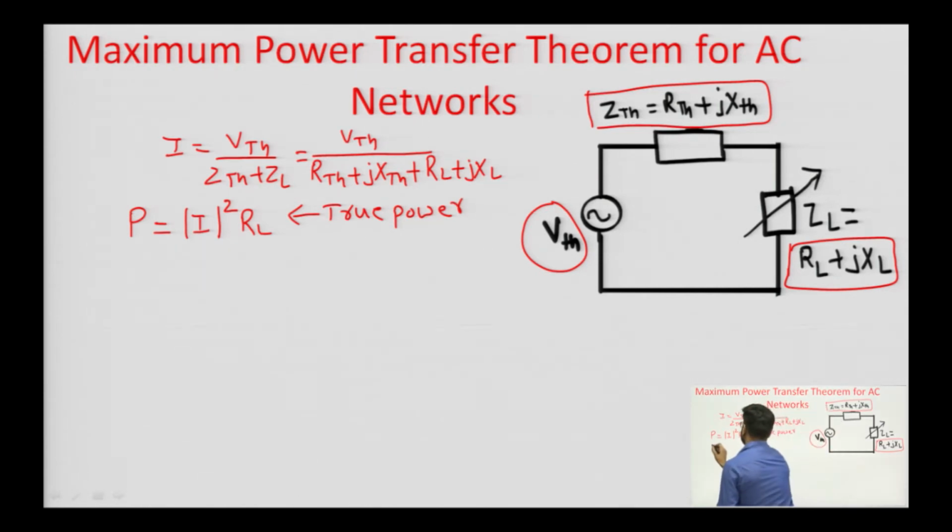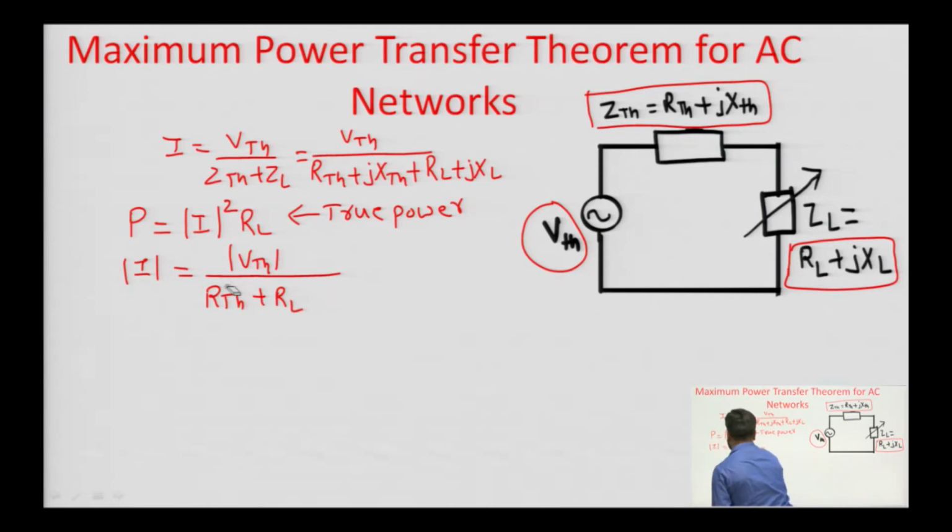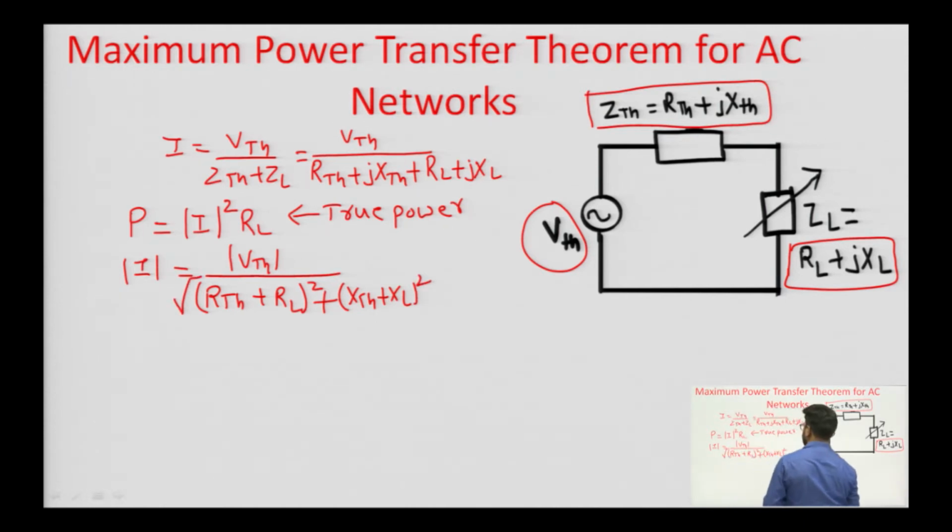The magnitude of I will be equal to VTH divided by the square root of RTH plus RL, whole square, plus XTH plus XL, whole square. The whole will be under the square root. So, this will be the value of the magnitude of I.